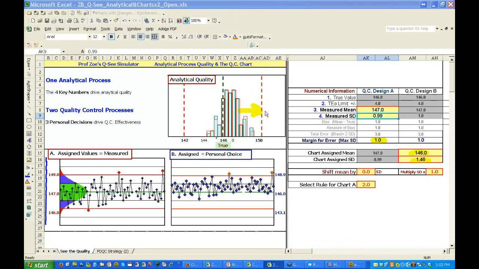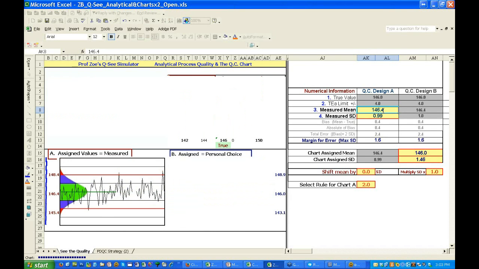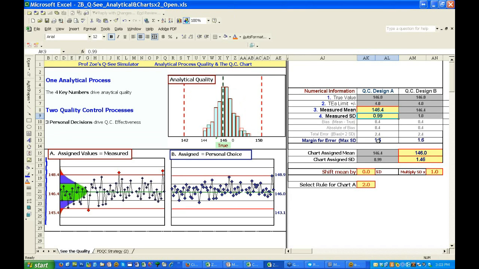Let me see if I can go back. What were we before? 146? 146.4. Okay. The margin for error here is 1.6. So if this moves 1.6 SD, it's going to create results that go over the allowable error limit.